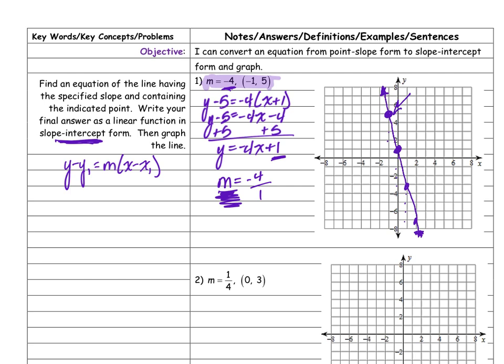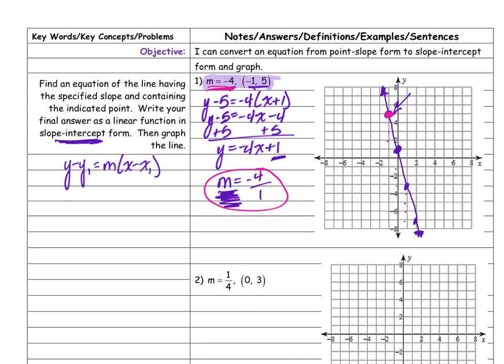On the graph? Okay, so I go to my point, right? My point is negative 1, 5. So I graph that point. So I go to negative 1, 5, and I put that point there because it tells me that this point is on the line. Are we okay with that? Okay. And then my slope is negative 4, and I change that to a fraction by putting a 1 underneath it because it told me my slope was negative 4.